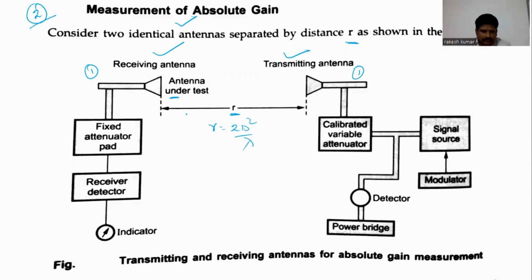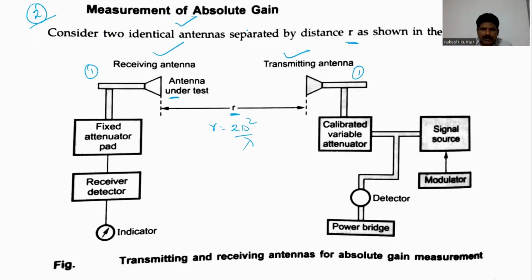So here, the conditions are, let us consider, for example, PT and PR represent transmitted power and received power. Let PT be the power transmitted by the transmitting antenna and PR the power received by the receiving antenna.